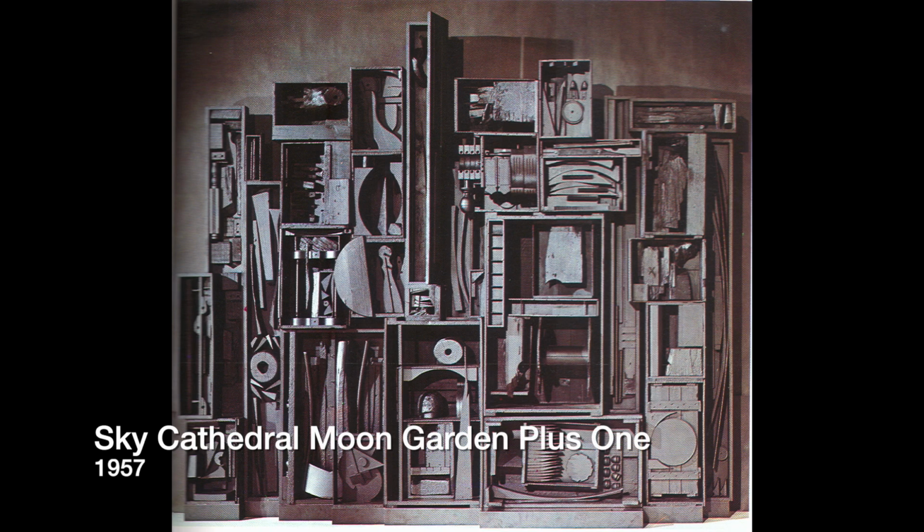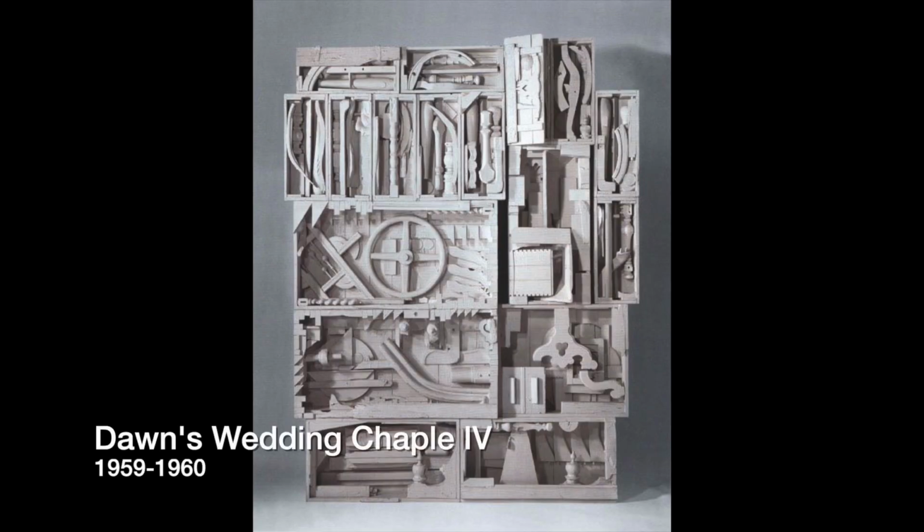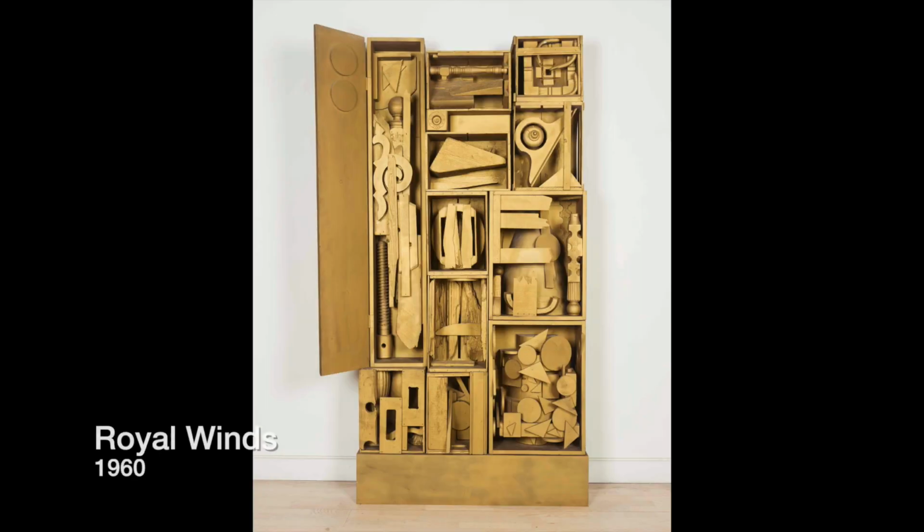She created gigantic relief sculptures using objects she found on the streets of New York. Another name for this kind of sculpture is assemblage. It is art made by assembling different objects, often scavenged by the artist.